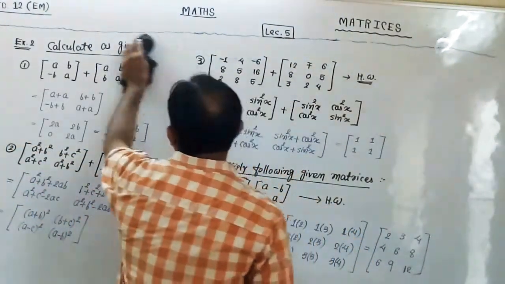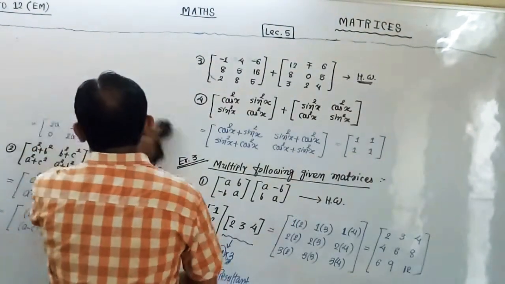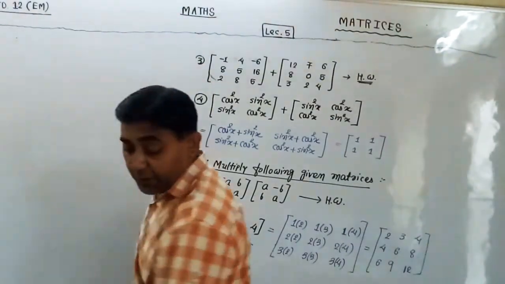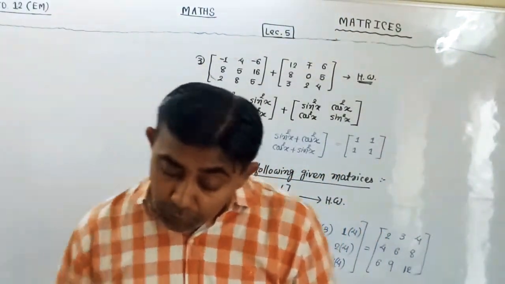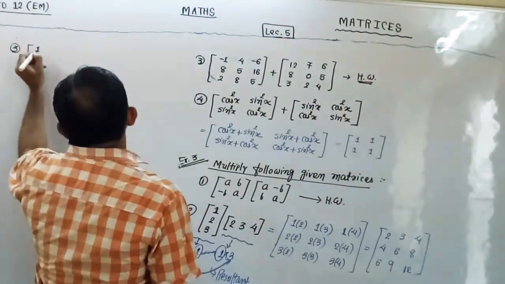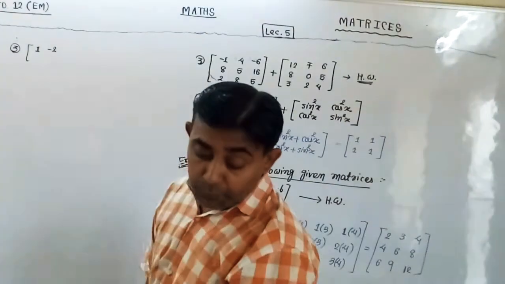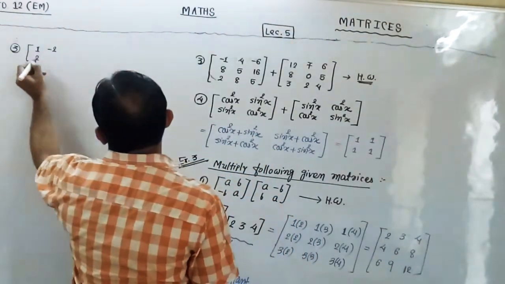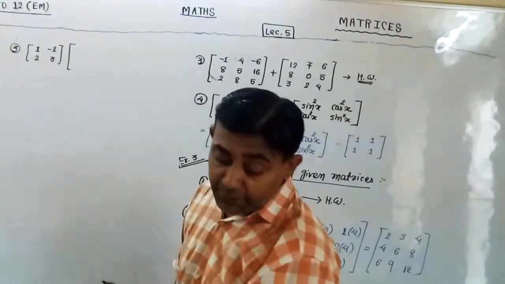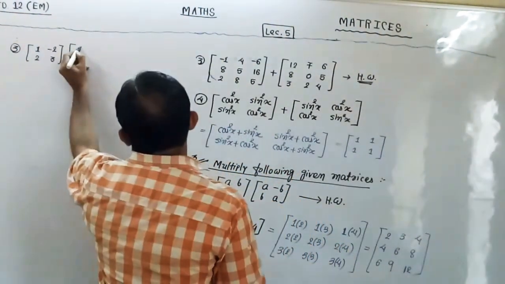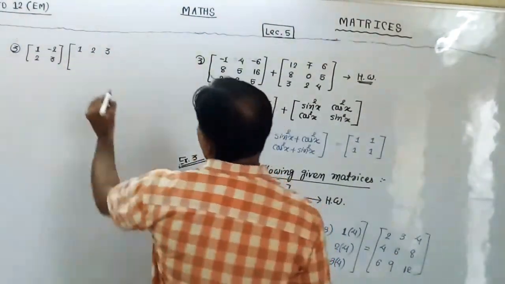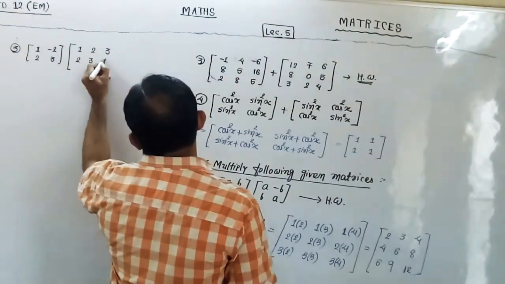The third one here, third example. Let us see the third example. Third example is 1, minus 2 as first row, then 2, 3 as second row, into multiplication with the matrix 1 2 3, again 2 3 1, 2 3 1.